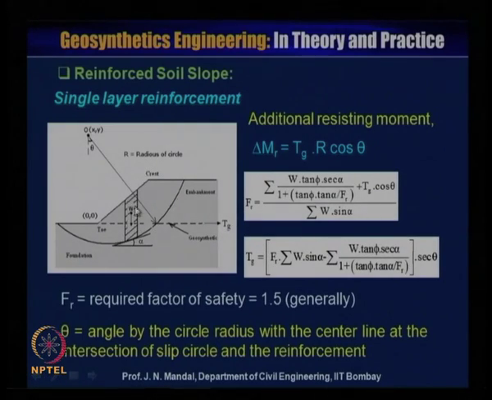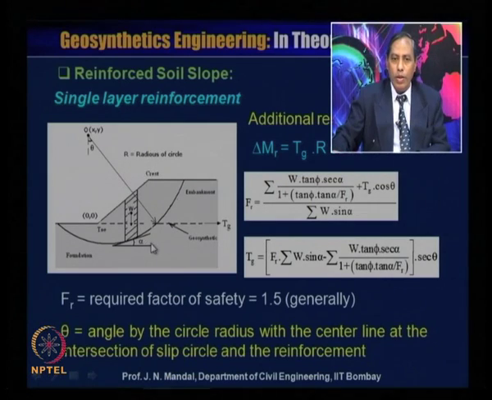Here is the weight of the slide Wg and alpha, and the angle it makes to the horizontal at the tangent is theta. So you can calculate the additional resisting moment due to the introduction of this reinforcement, that is Tg into R cos theta.